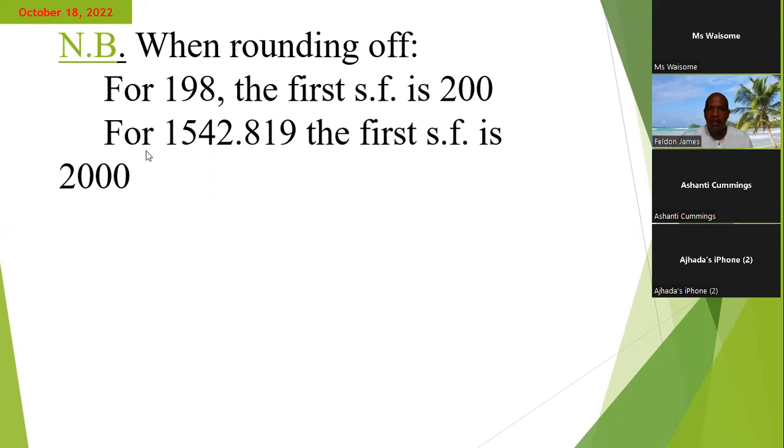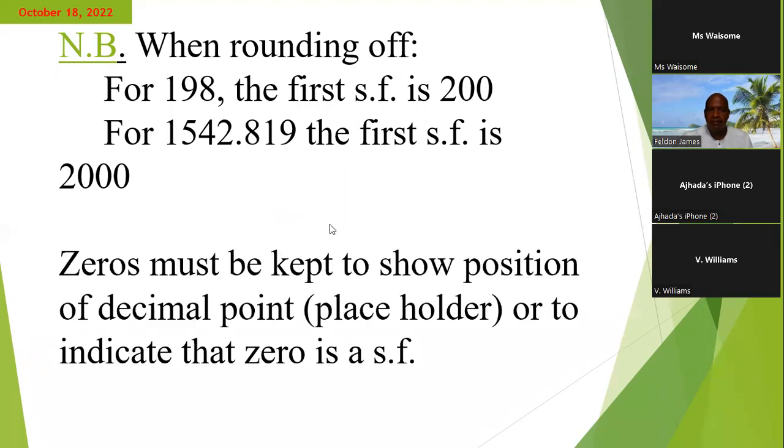Because when we say the first significant figure, this entire number here is 1542, and you want to get to the closest significant figure, which is going to be 2000. All right, so zeros must be kept to show position of decimal point placeholders or to indicate that 0 is a significant figure. So in these first cases, these zeros are meaningful, so we have to have them there.